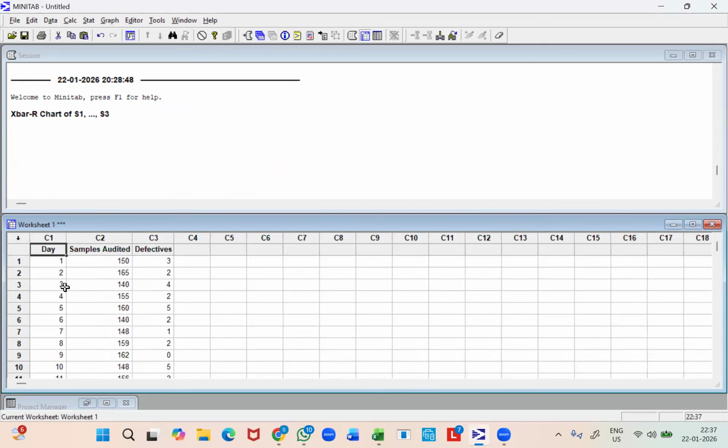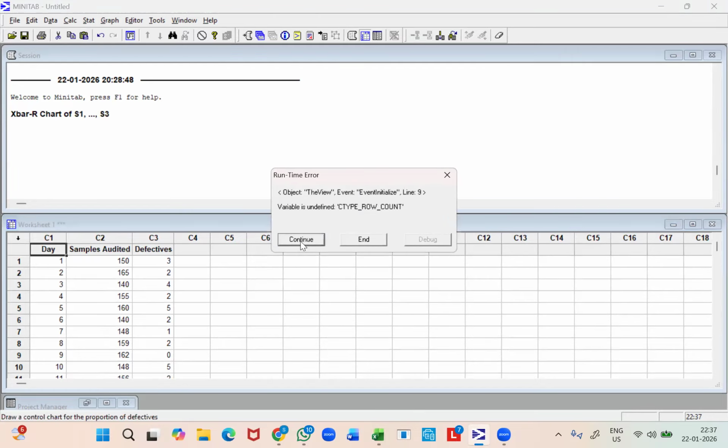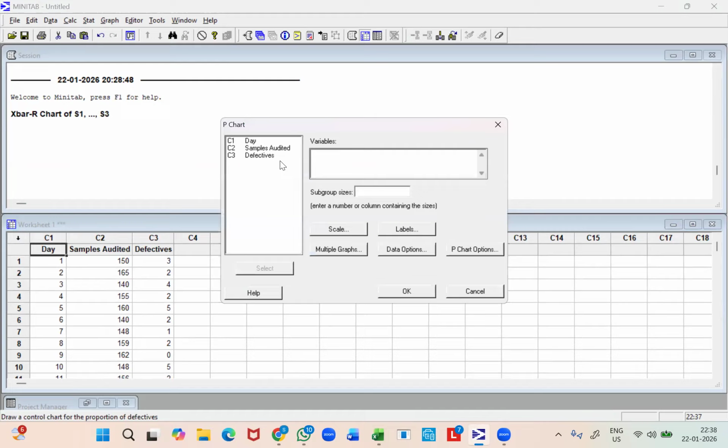Then we go to Stat, Control Charts, and these are attribute charts. Attribute is the other name for discrete. So we need to choose the P chart. The variable is defectives and the subgroup size is samples audited.